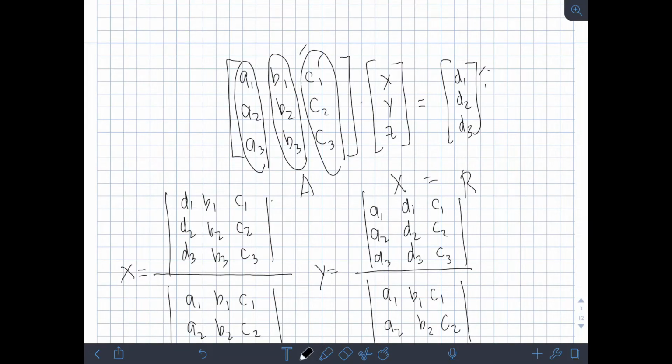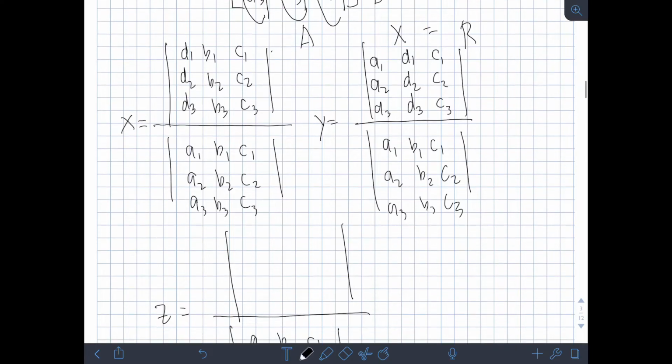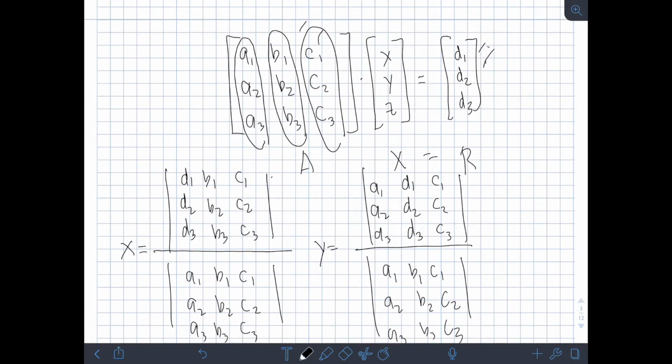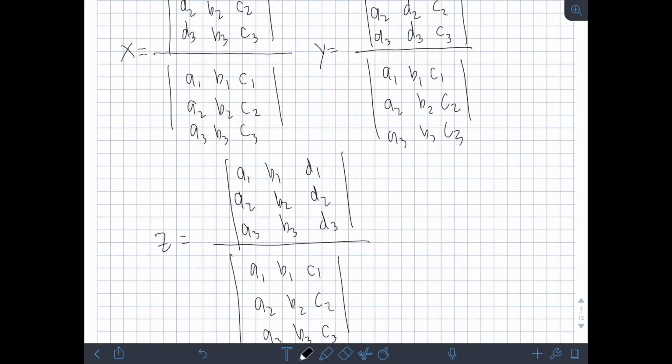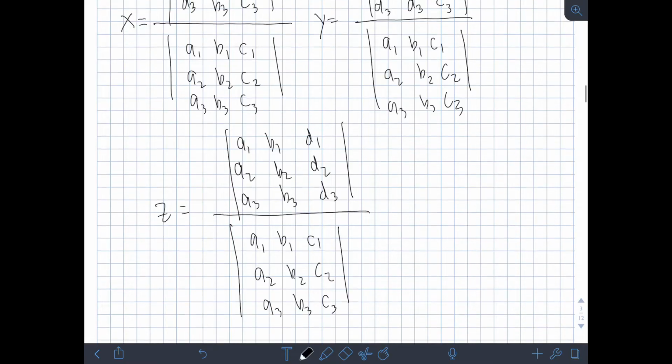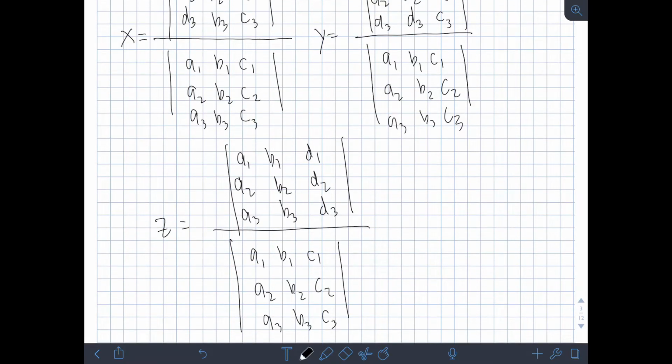Kasi yun yung numerical coefficients nung Z. So, we have, copy lang sa A sub 1, A sub 2, A sub 3, B sub 1, B sub 2, B sub 3, and then yung column 3 magiging yung constant D sub 1, D sub 2, D sub 3. Okay, so these are the formula for Cramer's rule when solving systems of linear equations in 3 variables.